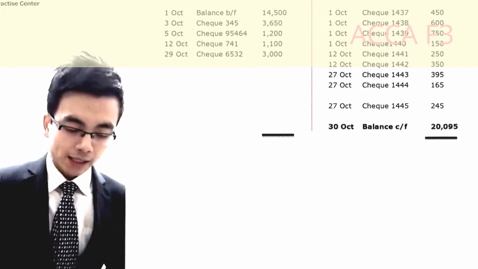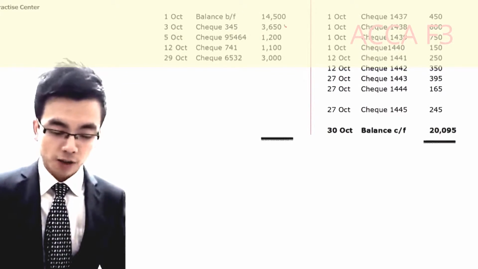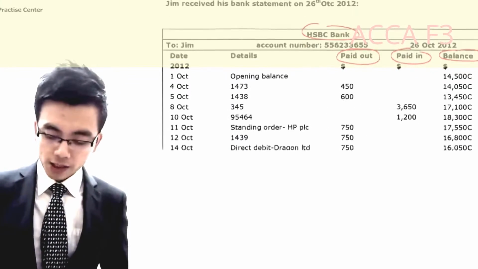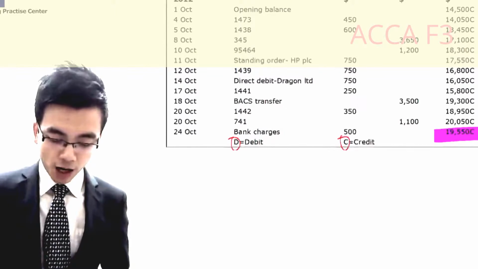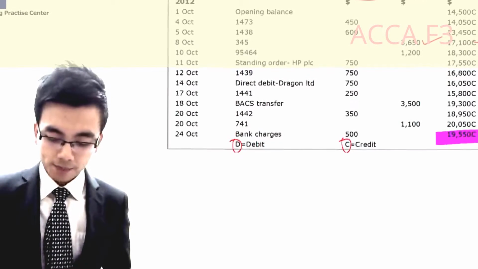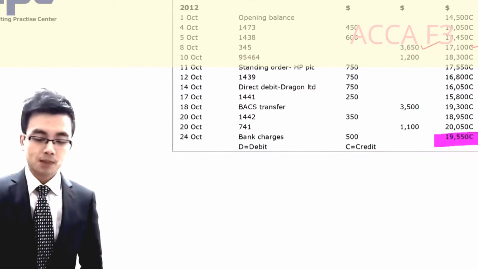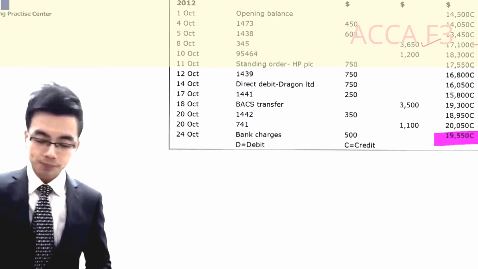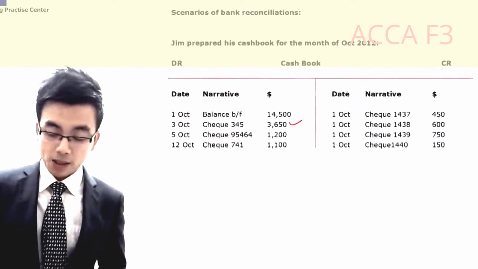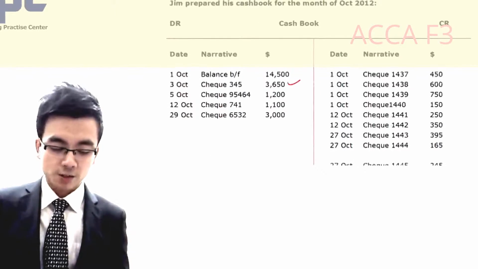Either it would be an outstanding lodgement or it would be an unpresented check. So firstly, let's have a look at check 345. Tick for that. 345 appears here, so of course we don't have to adjust for it. There's no timing difference here because it's been updated on both sides.